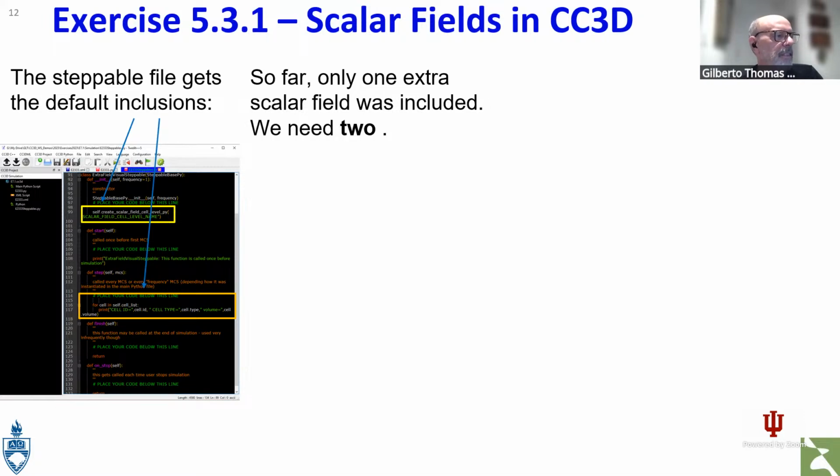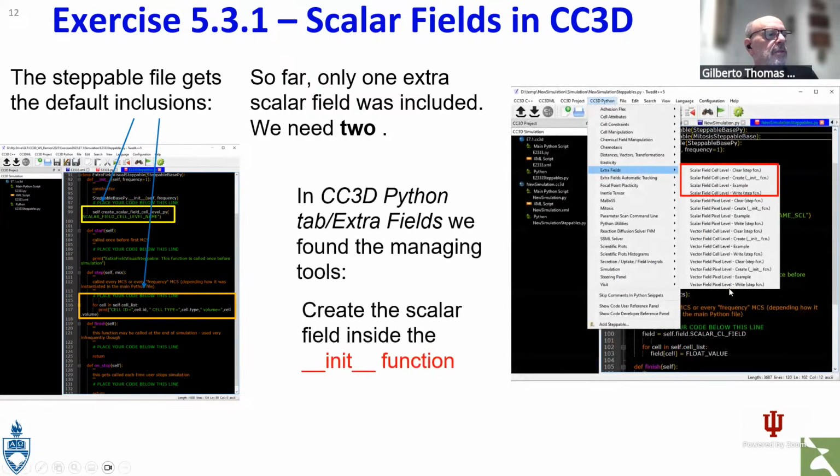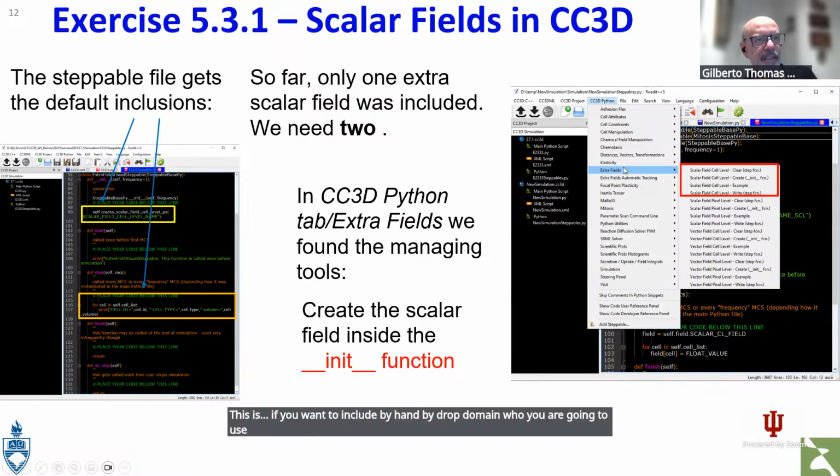The second block that the add steppable creates is this one in orange here, which is the place where, if you want to include it by hand by drop-down menu, you are going to use that option in the extra fields of the drop-down menu.